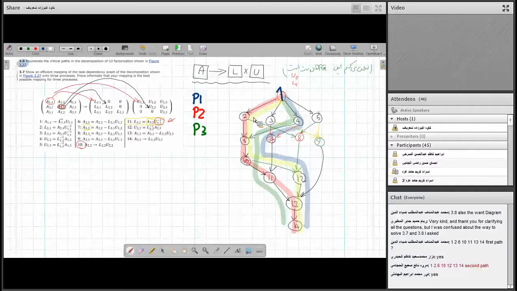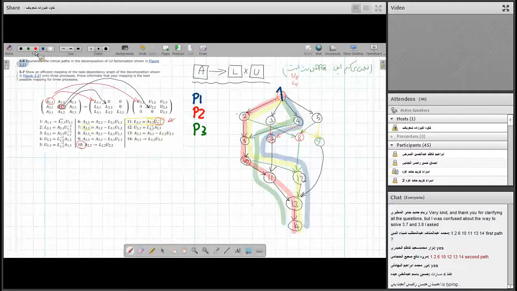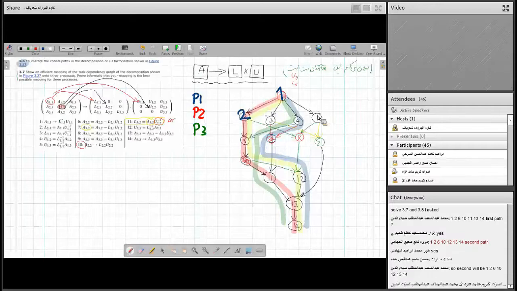Next, these processes, and these processes and this process.